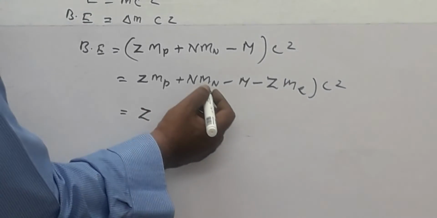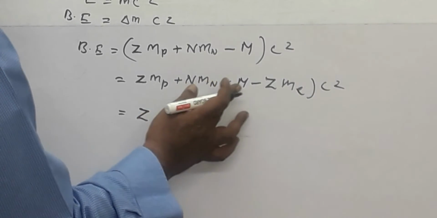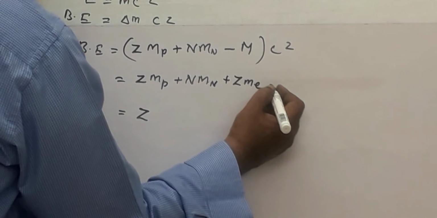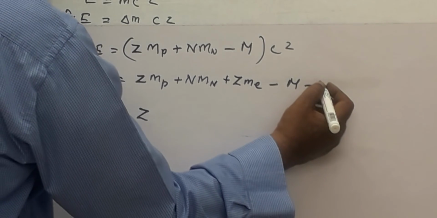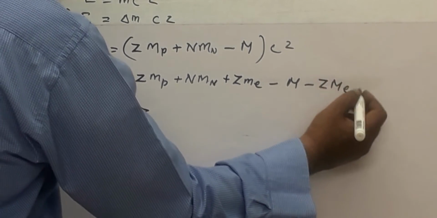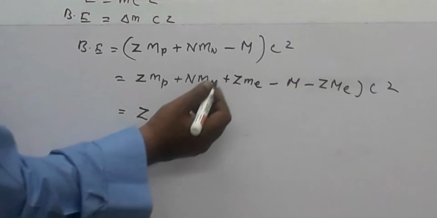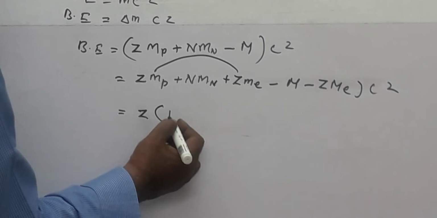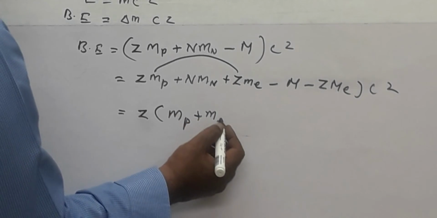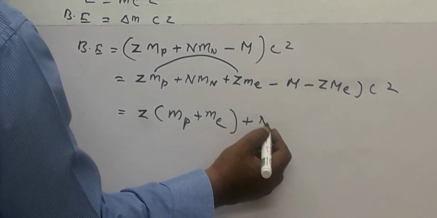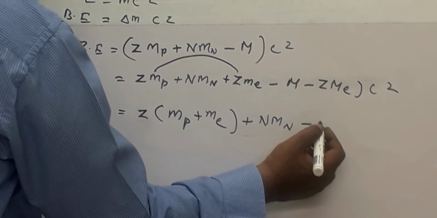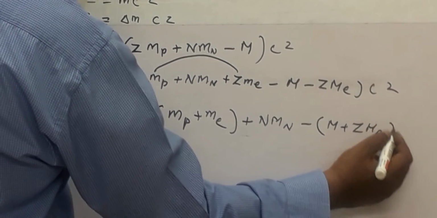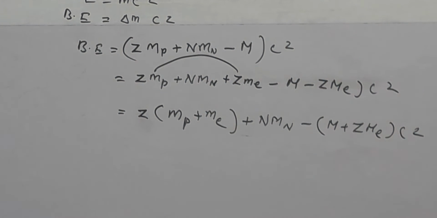Here you add Z me and then subtract Z me, into c square. Now you have to combine them together.